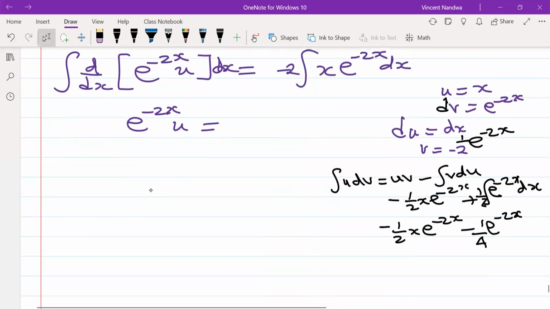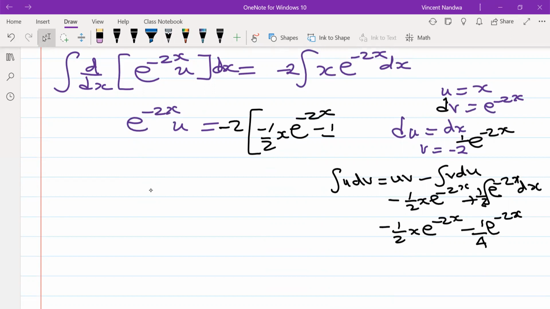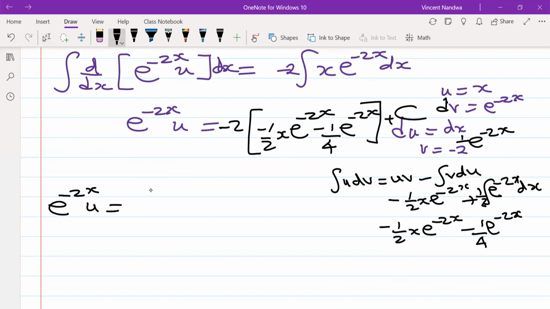And then we have minus 2 times minus a half x e power minus 2x minus a quarter e power minus 2x, and then add a constant of integration c. So e power minus 2x u equals to minus 2 times minus a half is positive 1. So x e power minus 2x, and then minus will be plus a half e power minus 2x, then plus c.